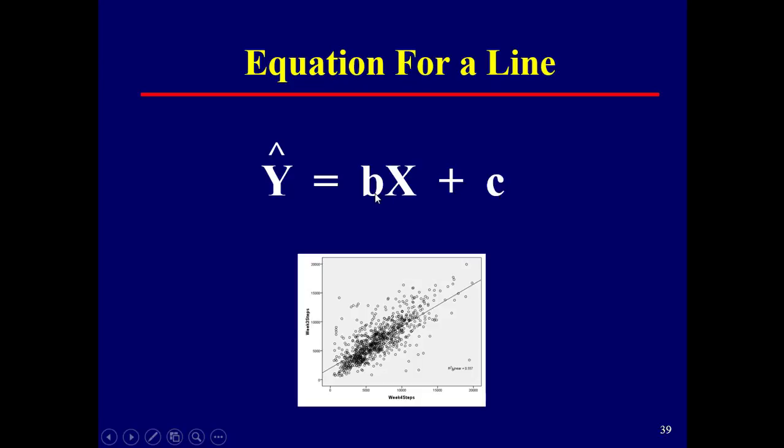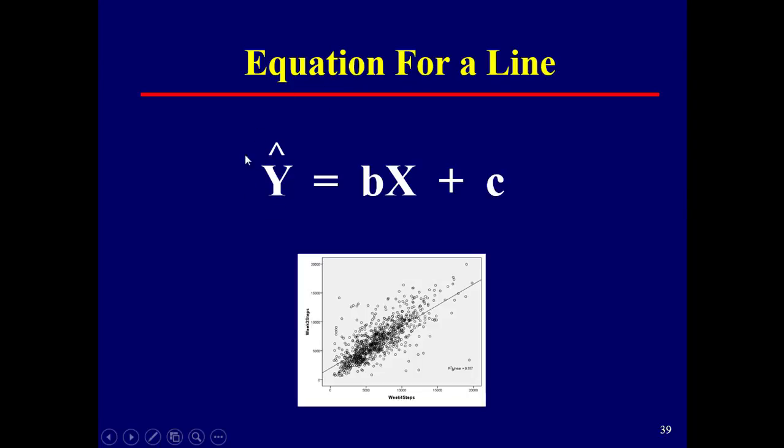B is the slope, c is the y-intercept, and this is a general form of an equation that's going to allow us to predict this outcome based on the value of our x and these numbers b and c that are true for this particular equation.